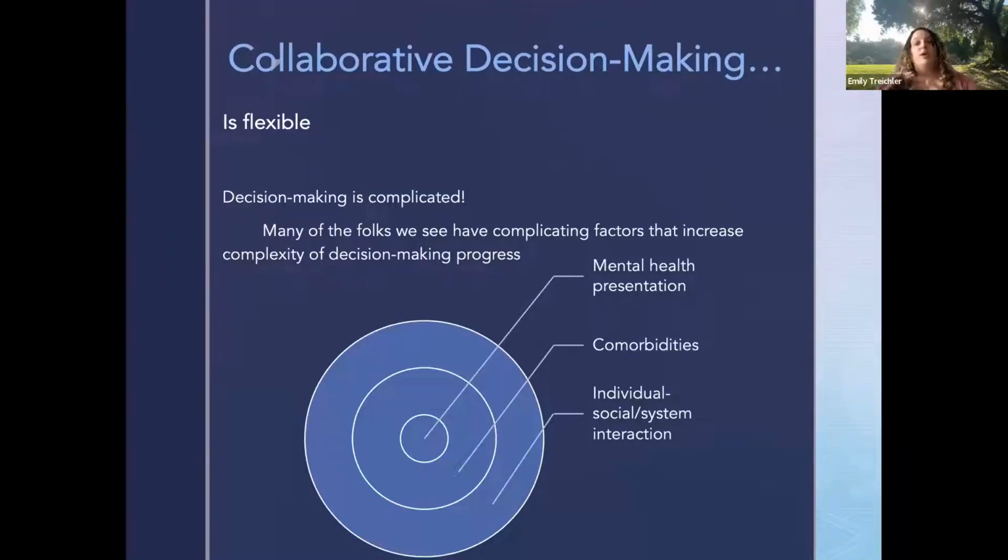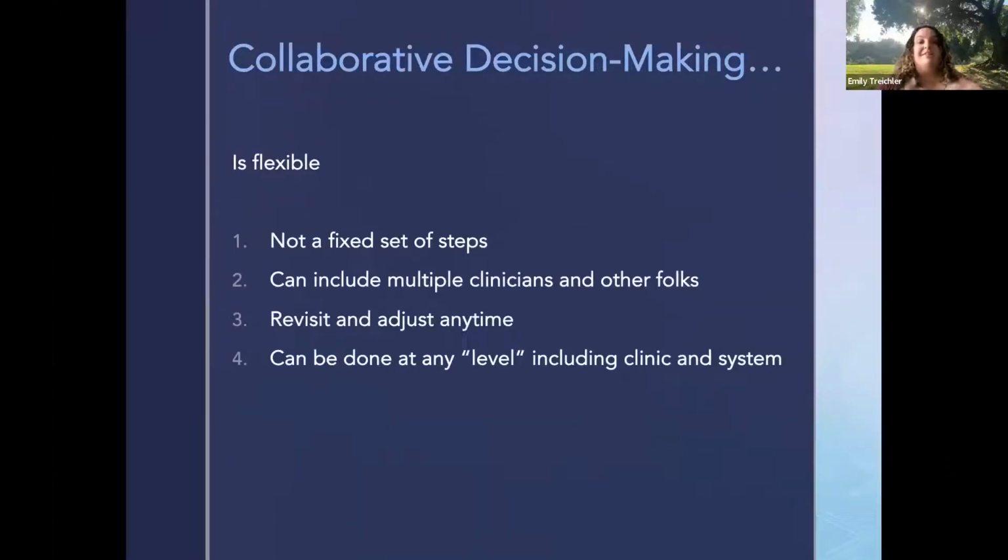And then there's also the broader social and environmental context. Maybe they're involved with the legal system, maybe they have a guardian, maybe they're experiencing homelessness. All of those things can complicate what decisions we're making, what the options are, and what the risks and benefits of those options might be. And so we can't use the same set of steps or the same decision-making approach every time for every person in every situation.